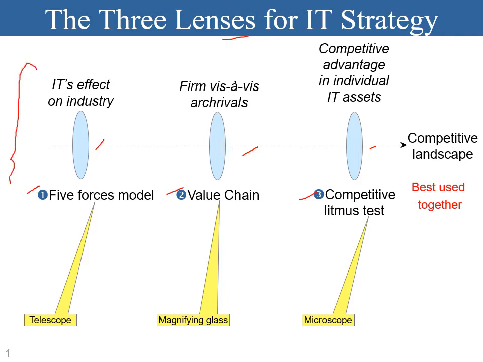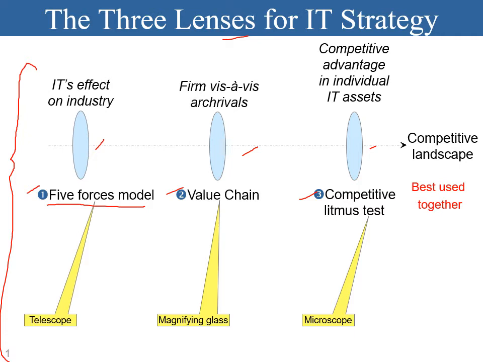This diagram basically shows you 3 lenses for you to understand how IT affects your company's competitive landscape. The first one, we call it the 5 forces model. Okay, this lens is like a telescope for you to zoom out to the level of the industry that your company is in.